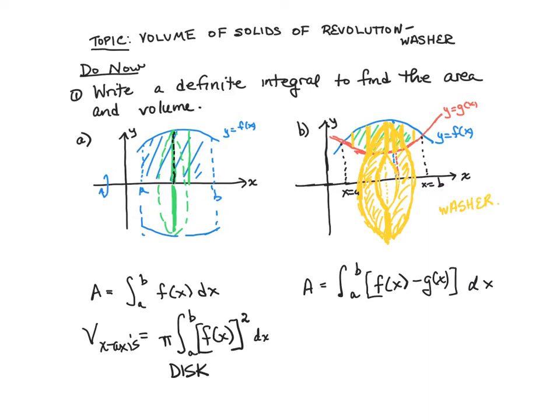And to get the formula for summing up the volumes of an infinite number of washers that slice through this solid, and this solid would have a hole in the middle, right? The piece formed by these two intersecting curves, the blue and red curve, when it's rotated, forms the solid.